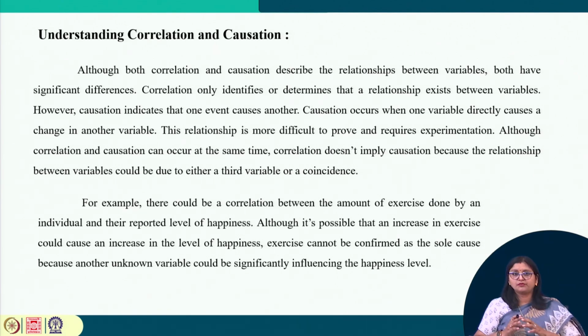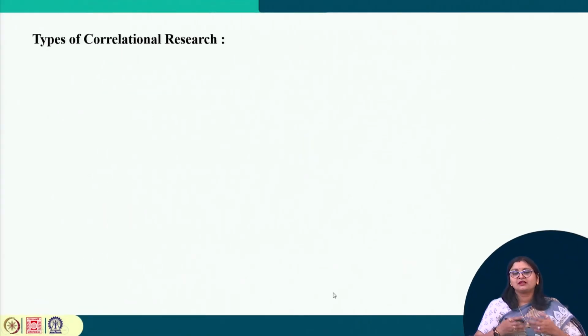For example, there could be a correlation between the amount of exercise done by an individual and their reported level of happiness, and although it is possible that an increase in exercise could cause an increase in the level of happiness, because if you are fit and slim, then definitely you will be happy, the exercise cannot be confirmed as the sole cause, because another unknown variable could be significantly influencing the happiness level. Maybe someone is pleasing you, saying that you are looking good, you are looking fit, then definitely that is also a factor of your happiness, not only the exercise.